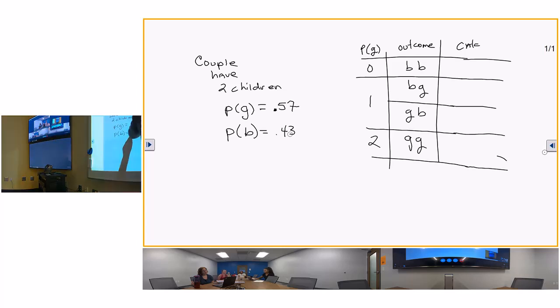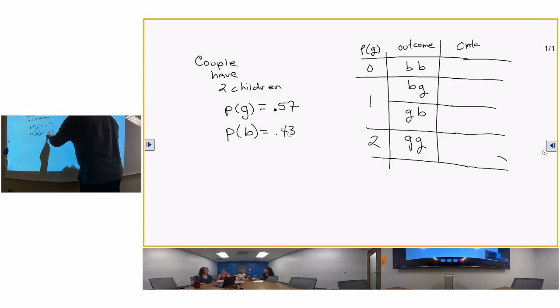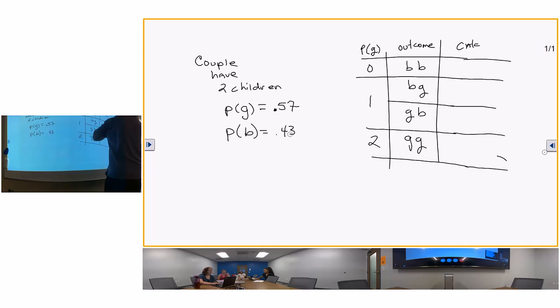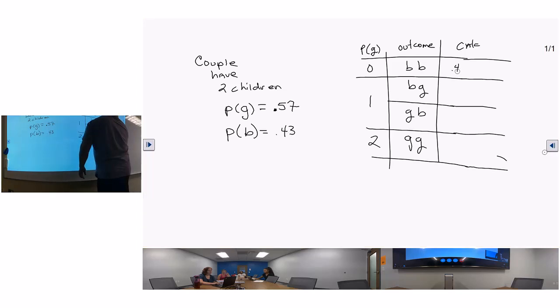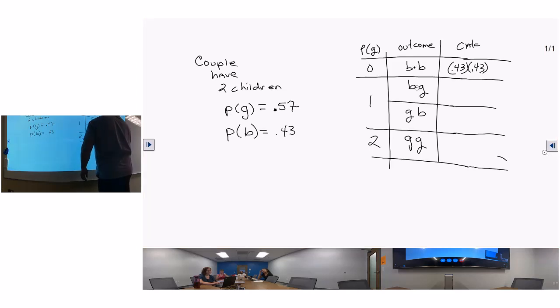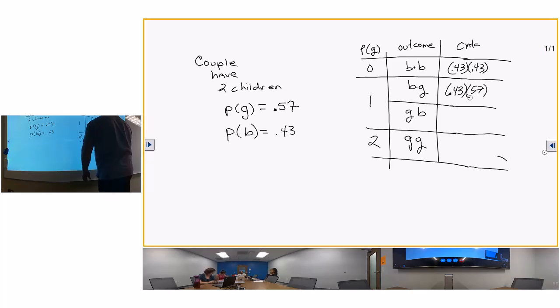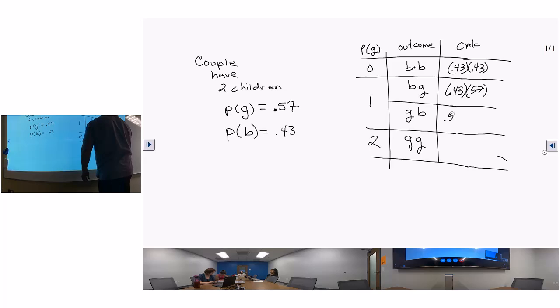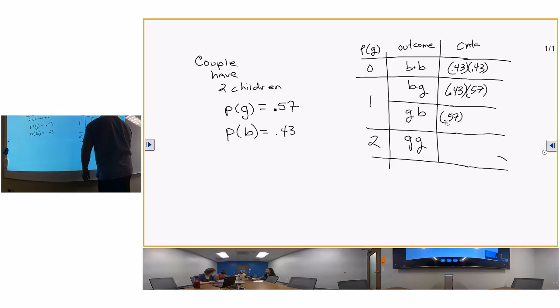Now, you take that 0.57 and 0.43 and you're going to calculate it over here. So here, it's going to be 0.43 times 0.43, because you're multiplying. This is going to be 0.43 times 0.57. Somebody be calculating these, please. This is going to be 0.57 times 0.43.